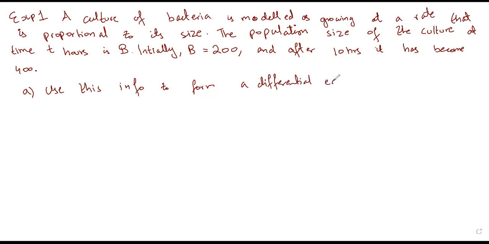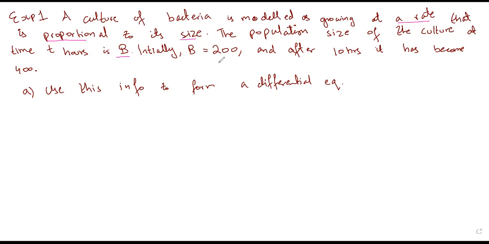Now let's read the question first and let's understand it. A culture of bacteria is modeled as growing at a rate that is proportional to its size. The population size of the culture at time t hours is b, right? So basically, they are telling us the symbol which we will be using. They are denoting the size of the culture at time t hours as b.